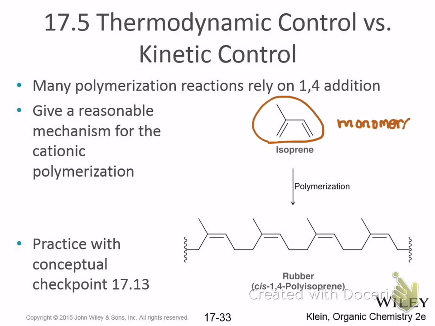Right. Which one of those two double bonds will react first? So we're going to have a positive ion as an electrophile, right? And if this double bond breaks, I'll have a carbocation here, and then by resonance I'll have one here, right? So this is secondary versus primary.